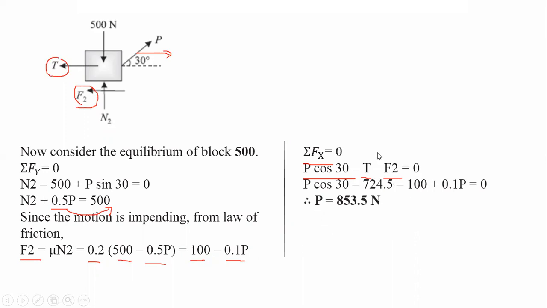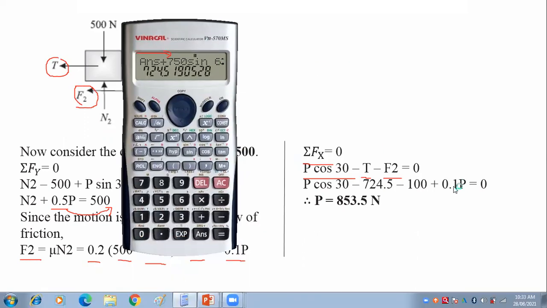If you solve this, now I will show you how to solve these terms. Let us take the constant terms together. This minus minus becomes a plus. It means that 824.5 will be the plus term.